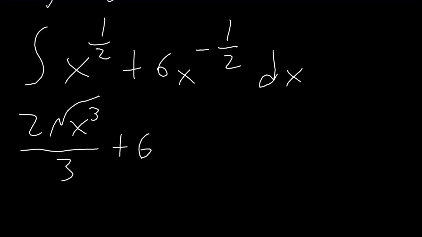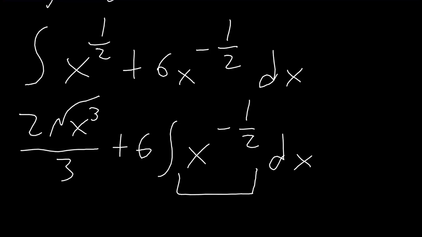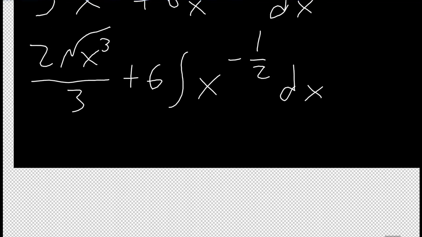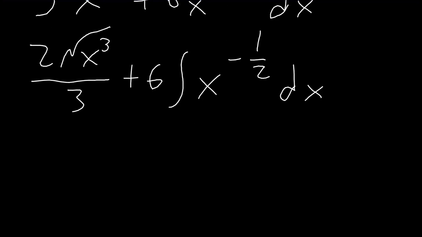So let's write that out real quick. All I did here is just pull the 6 out, because if you remember the formula from earlier, since 6 is a constant k, you can just pull it outside the integral. And now we can just take the antiderivative of this. So let's focus on only this for now, ignoring this.